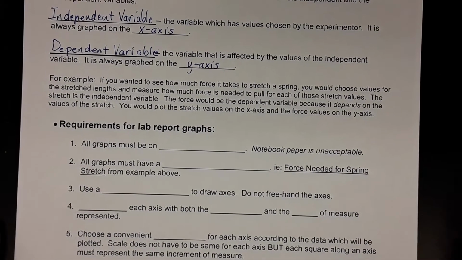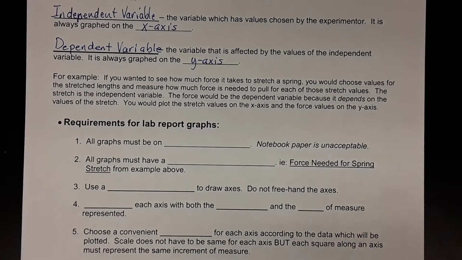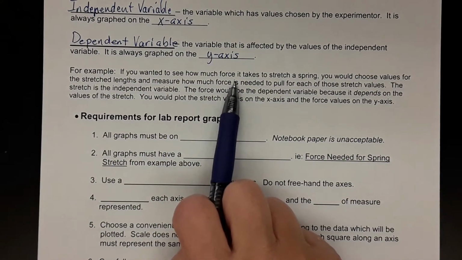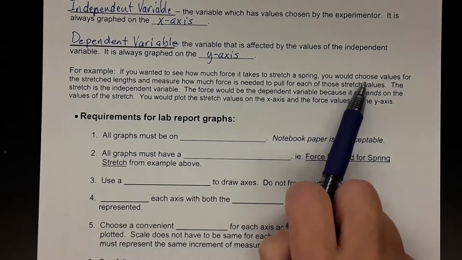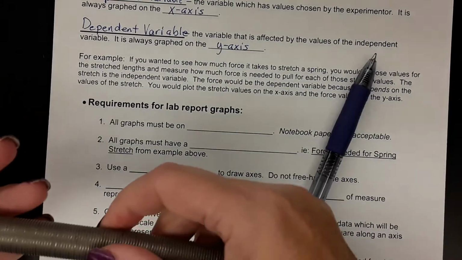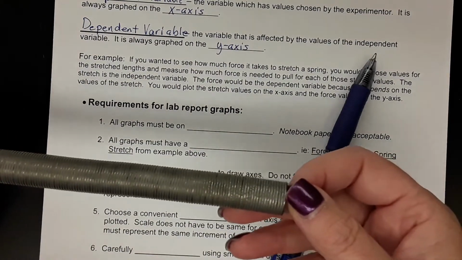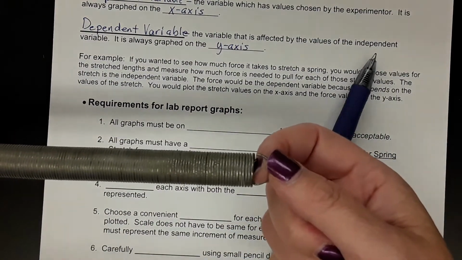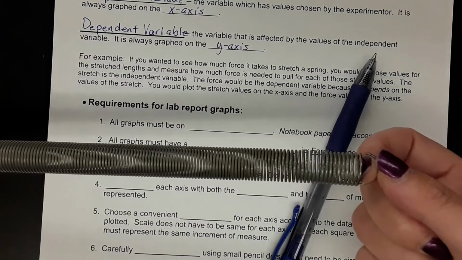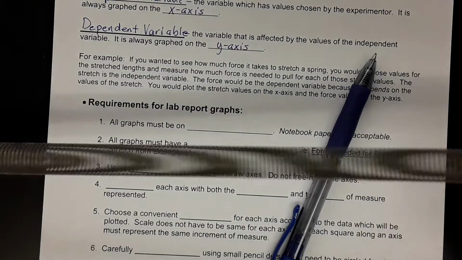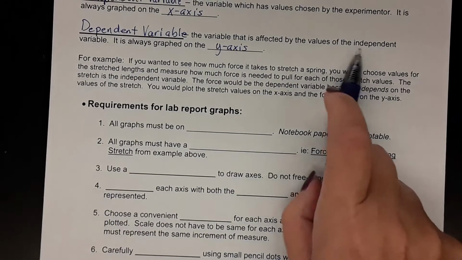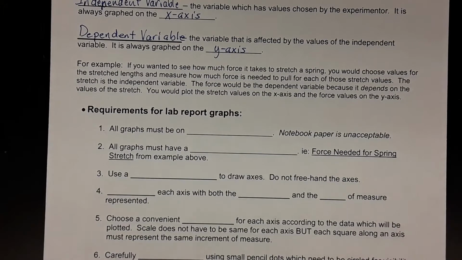Now, look at this example right here. It says, if you want to see how much force it takes to stretch a spring, you could choose values for the stretched lengths. For example, I might fix one end of the spring and then pull the other end until it's 2 centimeters longer than it was, 4 centimeters longer, 6, 8, 10, 12, whatever, okay? And I could see the amount of stretch the spring goes through.